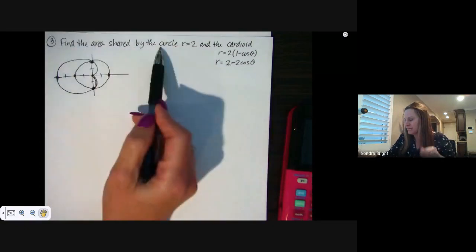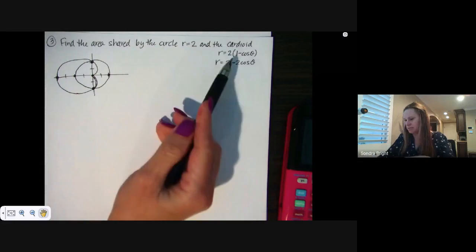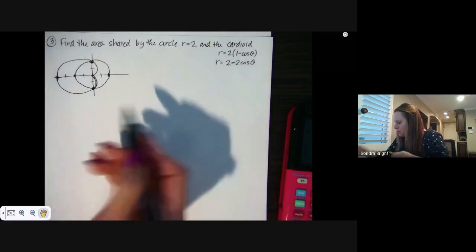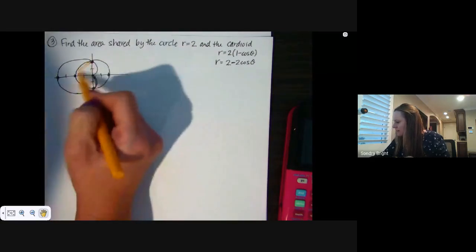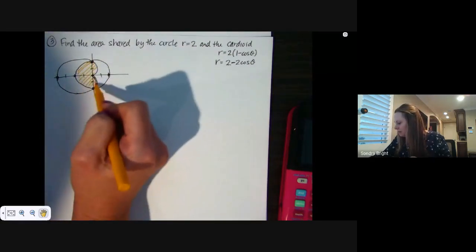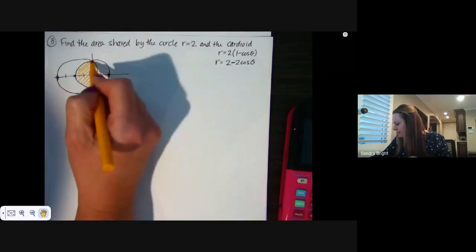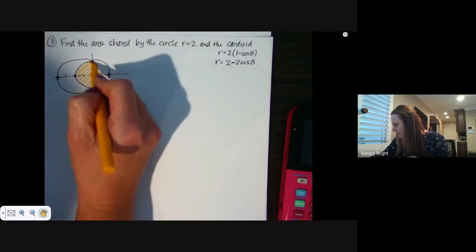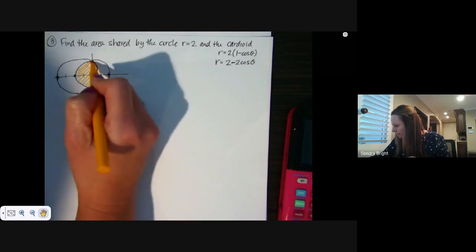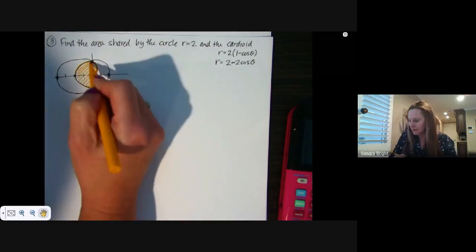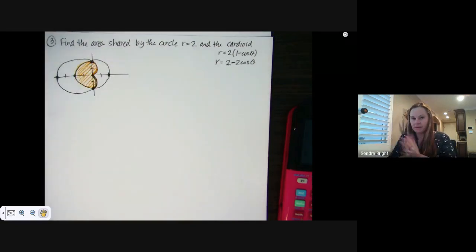So what is the shared part? We want the area inside these little bumps and inside this circle. We want that area there.